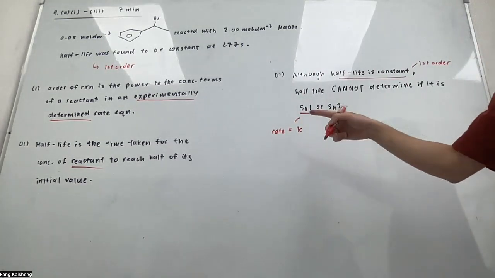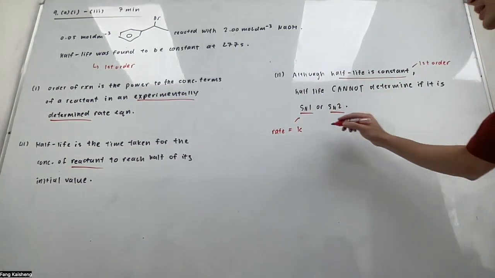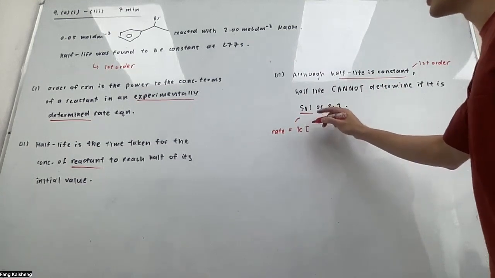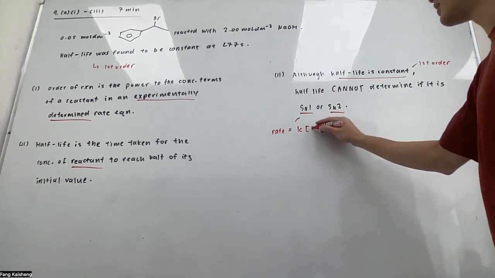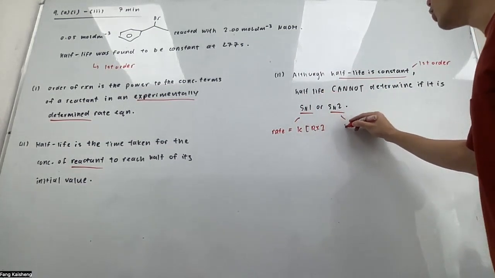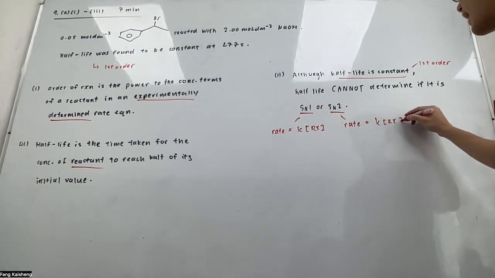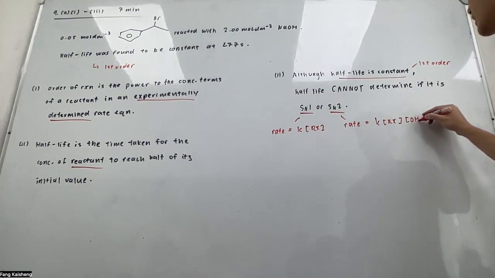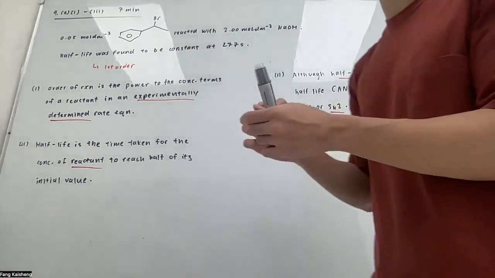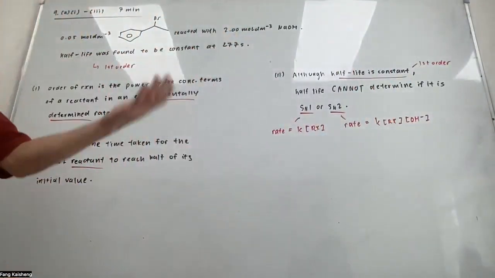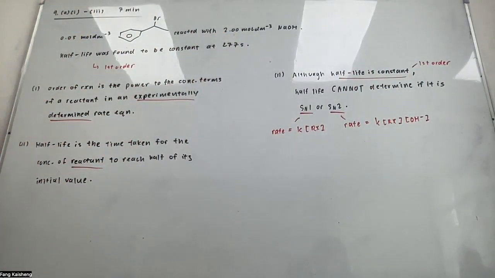Tell me, for SN1, what's the rate equation? Rate equals k times the RX, the halogenoalkane. Whereas for SN2, the rate equals k times RX and the nucleophile, in this case OH minus. You write them out first so you can see something more concrete.